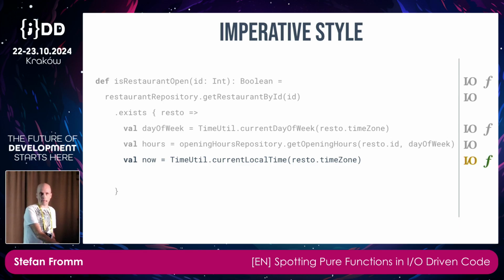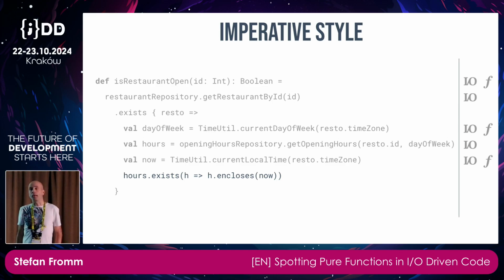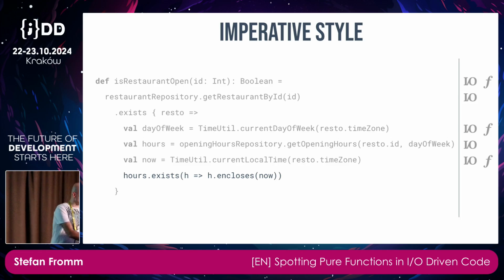So it's I/O and there's some logic inside. And now hours returns an option. So if there are no opening hours in this day, the restaurant cannot be open. But if there is, we call a method to check if the current time is enclosed by these opening hours.